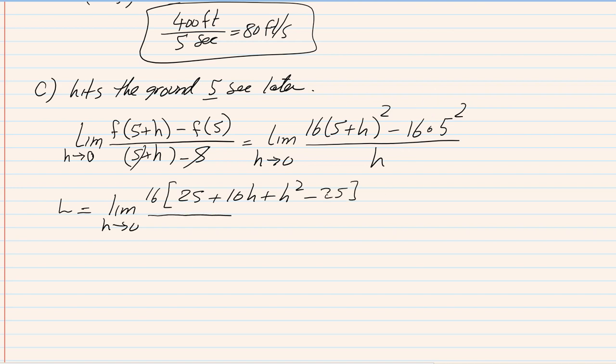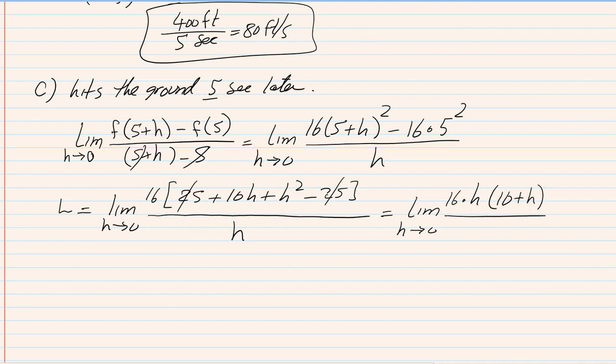And that last term is just that, over h. The 25s cross out, and this is going to be the limit as h goes to 0 of 16, and I'm going to factor the h, it's going to be 10 plus h over h. Now the h is crossed out, and that's how you get rid of 0 over 0.